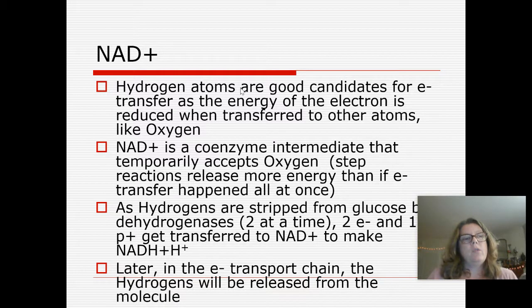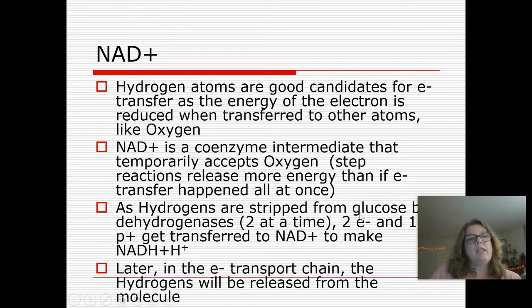So we use hydrogens in these processes, and they're usually attached to one of these electron carriers. If you want to know what it is, it's actually a coenzyme, okay? And it can temporarily accept hydrogens, it can temporarily accept electrons.